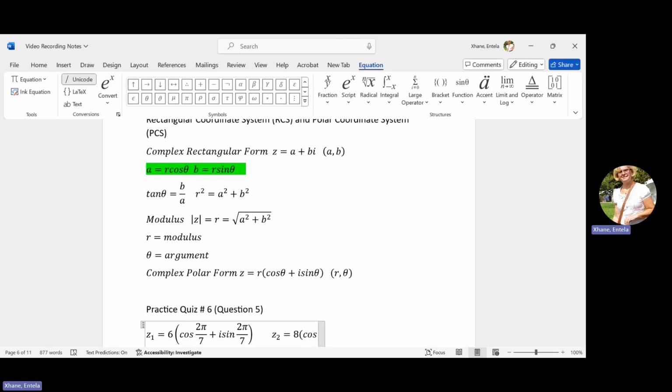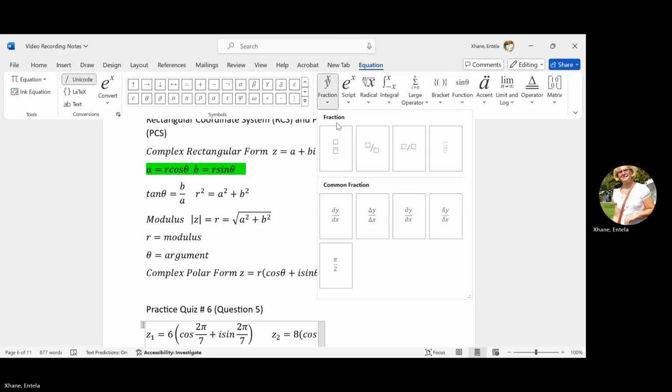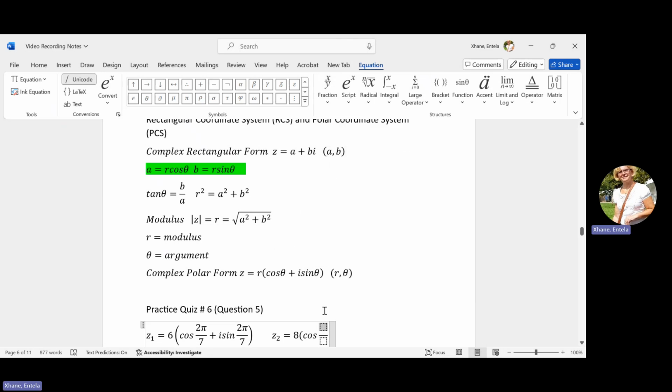The argument is 3 pi over 8. To make things a little bit more interesting in terms of finding the least common denominator and all that stuff, I'm going to add 8i sine of the same argument.